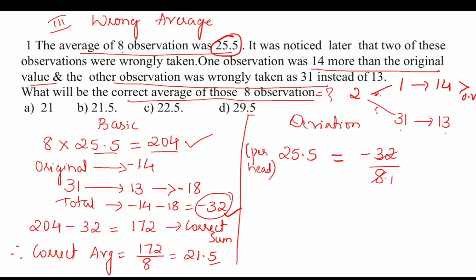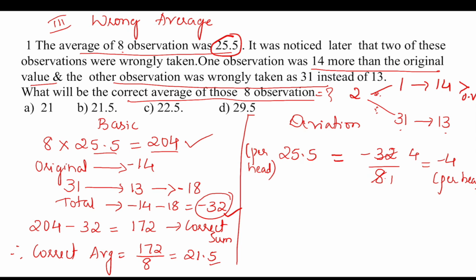Of 8 observations, 32 was wrongly taken. So 32 by 8 will give us 4, which is equal to minus 4. So minus 4 should be removed from per head. When I remove minus 4 from per head, then from 8 people 32 will be taken off.